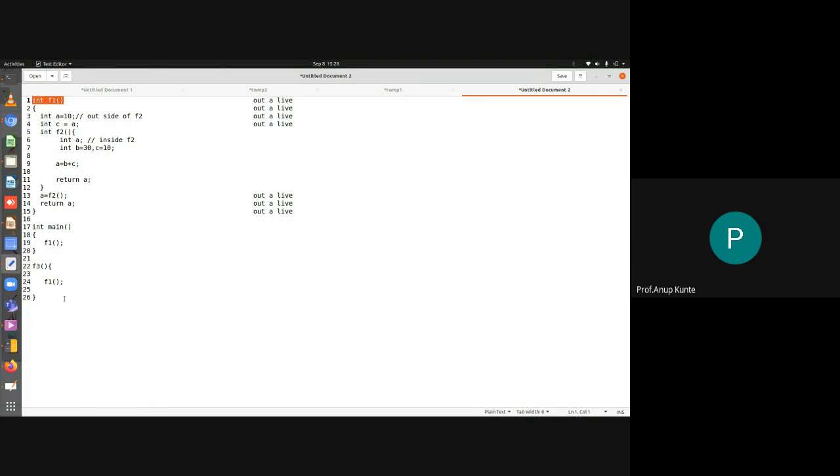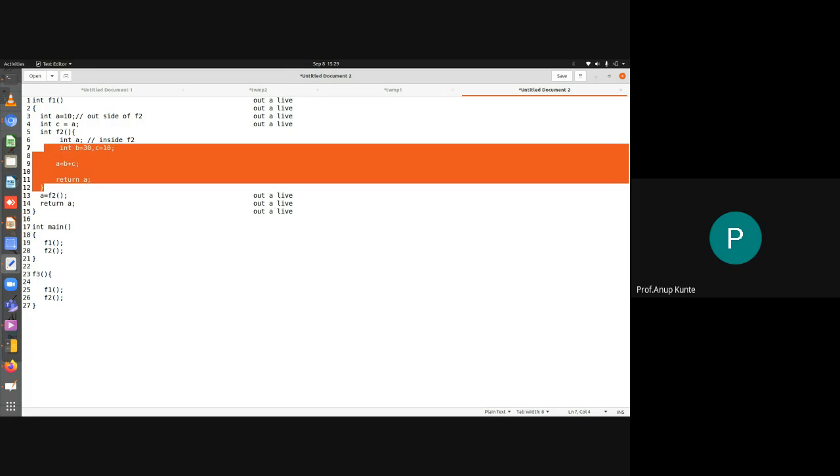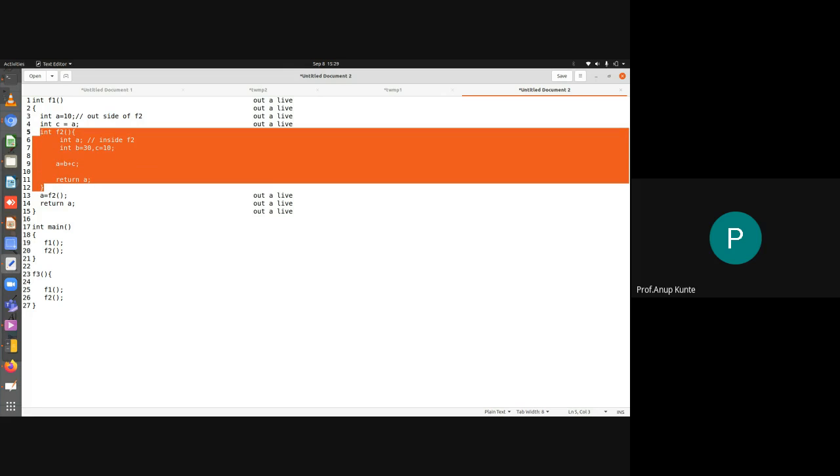Whereas, can I call F2 over here? Just a question to you, can I call F2 inside this function F3? You will say no. You can't call F2 because F2 will only be live when I make a call to F1.